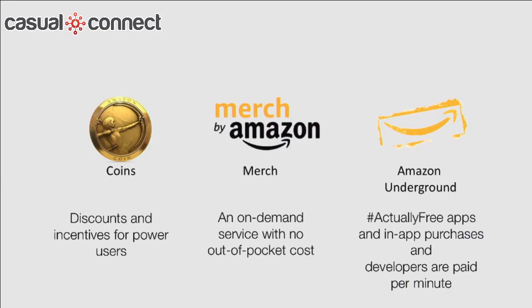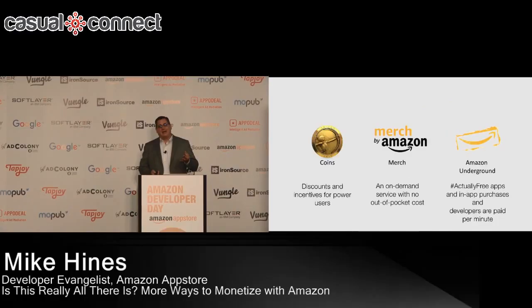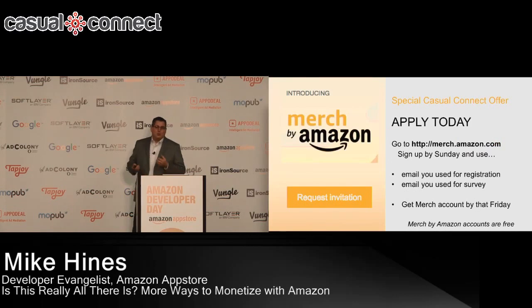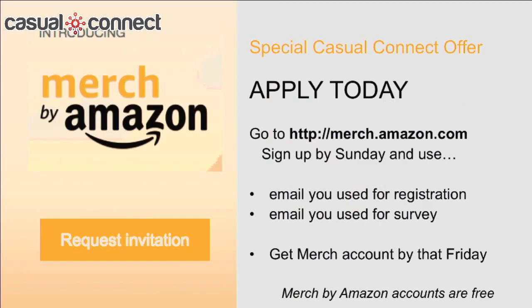All right, so we've talked about those three kinds of monetization: coins, merch, and actually getting paid for every minute the users are in the app. I actually have a special offer I want to make for you guys. The special offer is Merch by Amazon. This has been a really very popular program, and right now we have a waiting list for people to participate in this merch program.